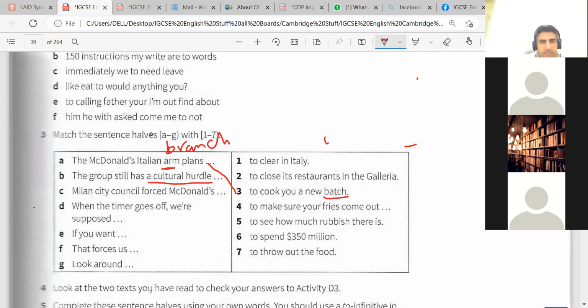What does cultural hurdle mean? A problem related to the culture. To close its restaurants in Galleria. To close, maybe. Hurdle.